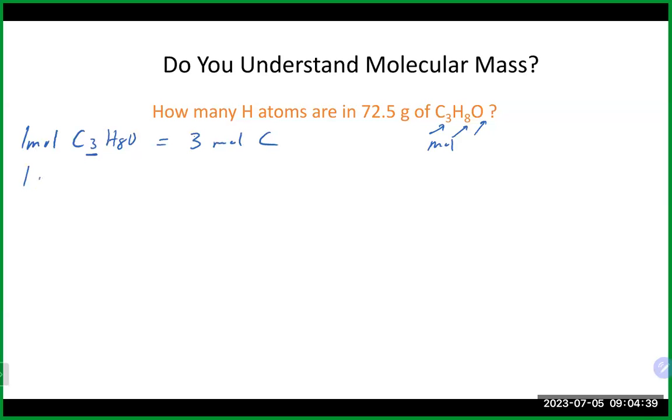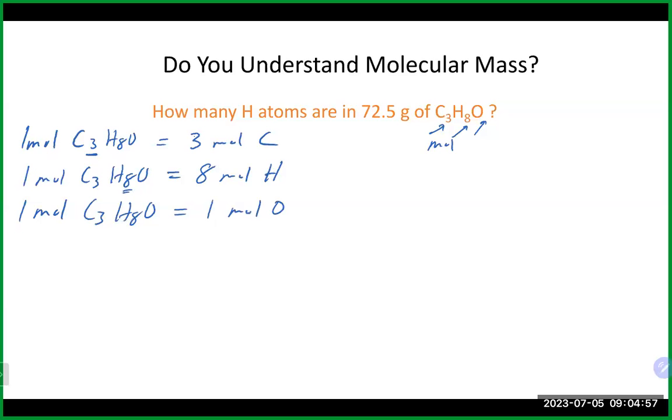We could also say in 1 mole of C3H8O, there would be 8 moles of just hydrogen, which also comes from the subscript. And we could say in 1 mole of the entire thing, C3H8O, there would be 1 mole of oxygen. Now, each of those are equality, which means for each of these, you could write 2 conversion factors.